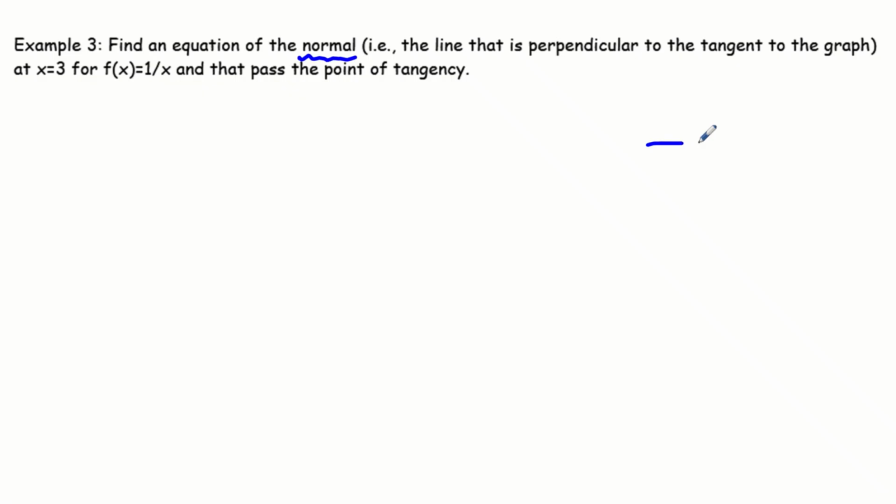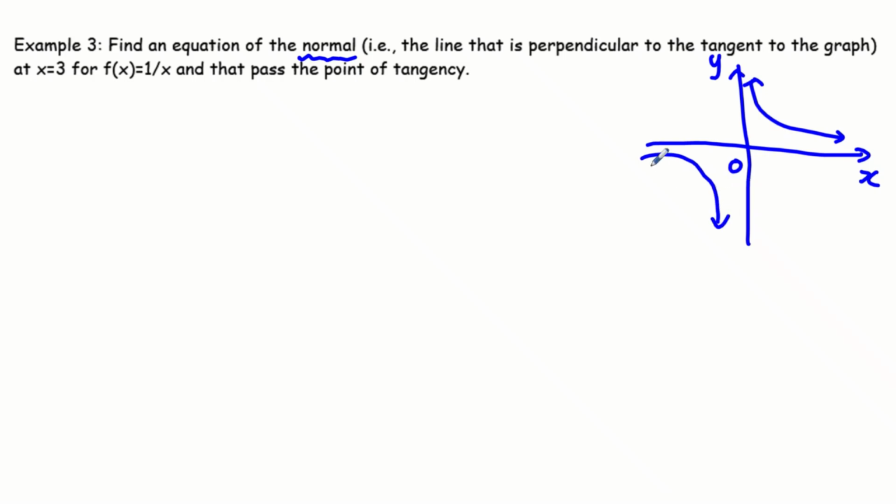If you still remember from grade 11 or grade 12 functions, 1 over x has 2 branches. At x equals 3, the y value is just subbing in, you have 1 over 3.